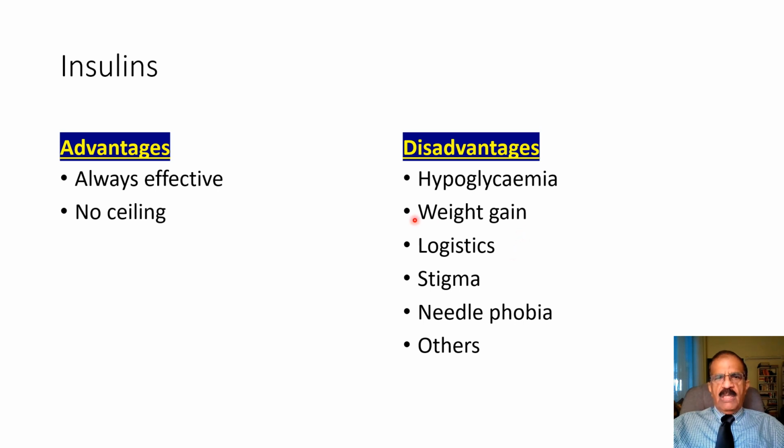Logistics: insulin has to be stored in a refrigerator, and very sadly in our country everyone does not have access to a refrigerator. And the stigma of being on insulin, and this is very important in our society. Now imagine there's a young girl who isn't yet married.